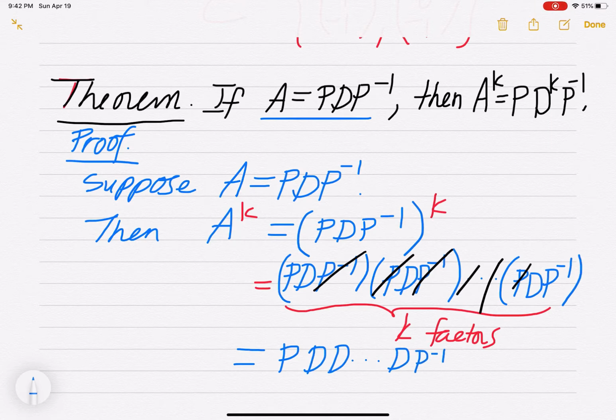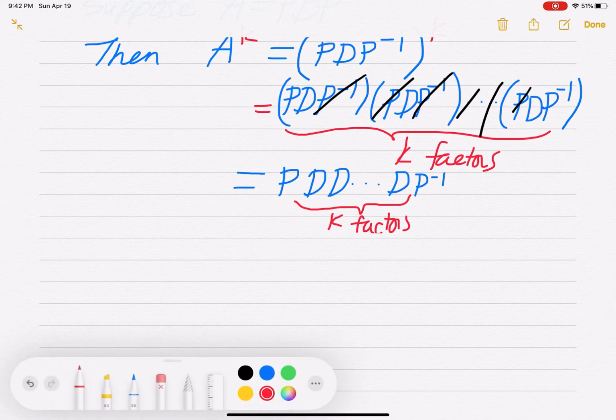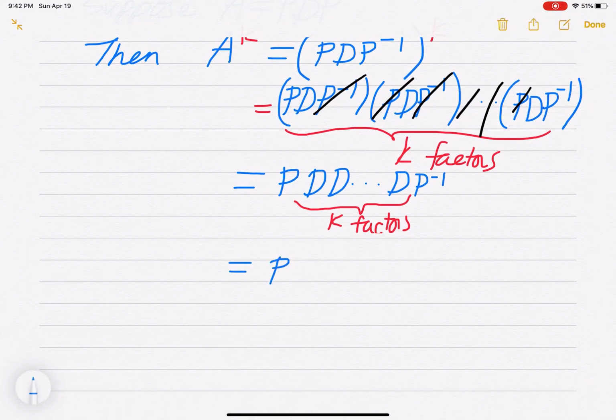Now the question is, how many D's do you actually have? How many factors of D do you have in here? You're going to have K factors still. If you write that out properly, that's going to give you P, D to the K power, and then P inverse.